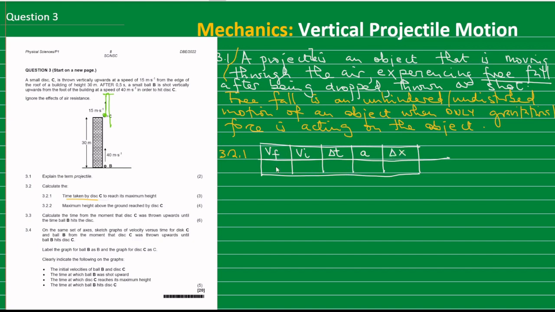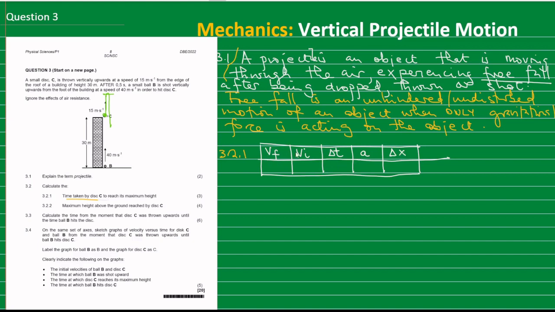So whenever you are studying questions on vertical projectile motion, most likely we will use equations of motion. So equations of motion is a combination of these 5 variables. It's all that you will most likely be asked: the final velocity, the initial velocity, the time taken, the acceleration of the object, and the displacement.